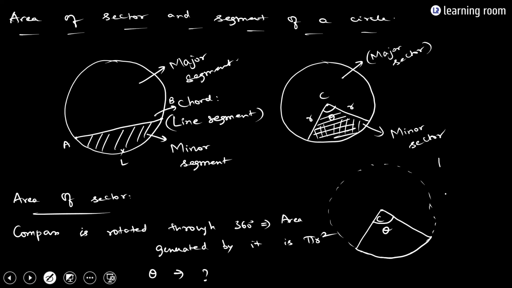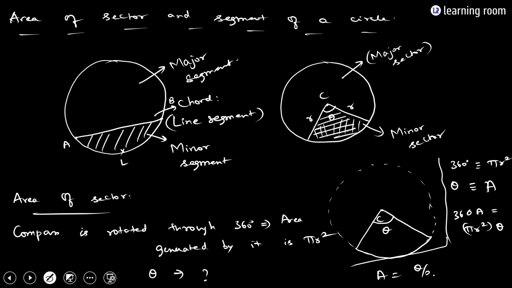So observe, 360 degrees is equivalent to an area of pi r square. Then theta will be equivalent to how much? So you'll just cross multiply. If I take that area to be A, 360 into A will be equal to pi r square into theta. So area will be equal to theta divided by 360 into pi r square. I hope it is simple, right? Yes, sir. Make a note of this.